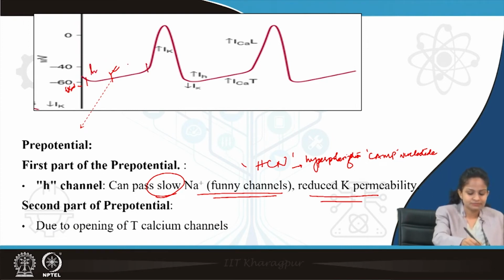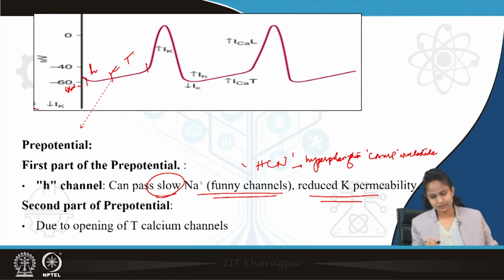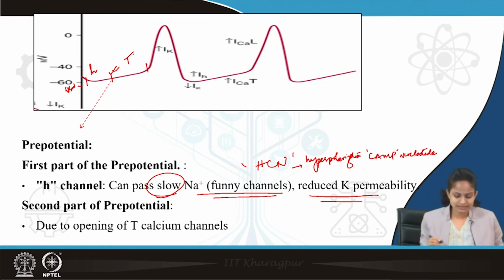The second part of the prepotential, or the pacemaker potential, is mainly because of the T channels. T channels means T type of calcium channels or transient calcium channels.